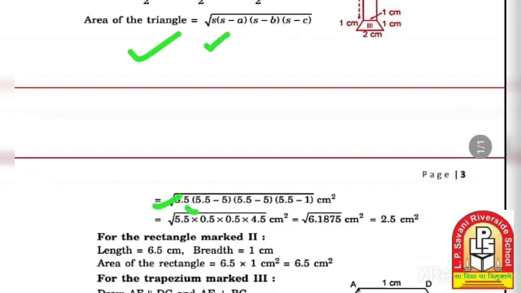Small s is 5.5, minus a, that is 5; then s, that is 5.5, minus b, that is 5; and then s is 5.5 minus c, that is 1.